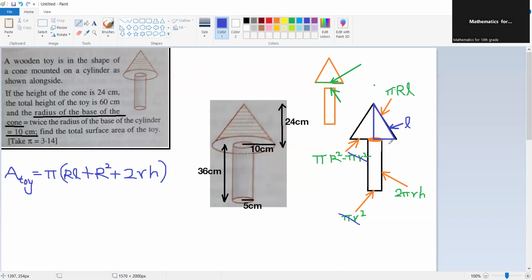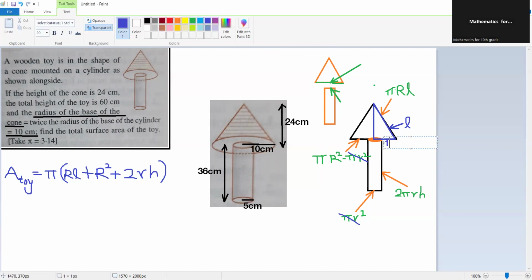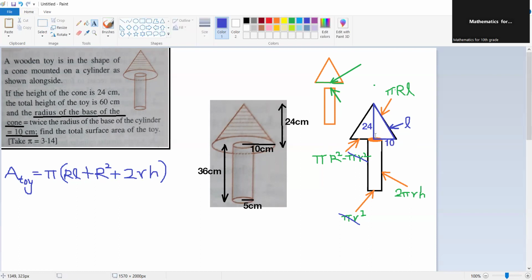How do we calculate L? We already know the radius, which is 10. This is actually a right triangle and the height is 24. So this is a Pythagorean triplet, 24, 10, and 25, but let me verify that in my calculator.